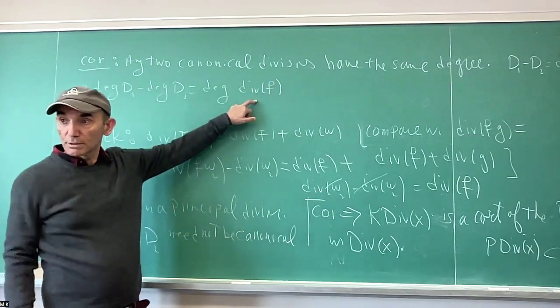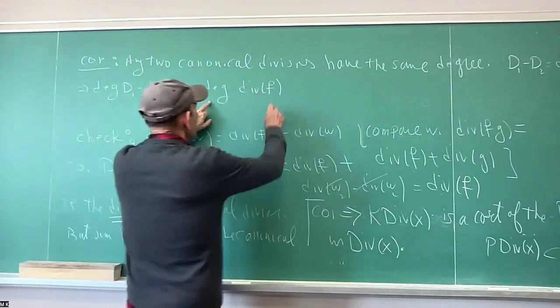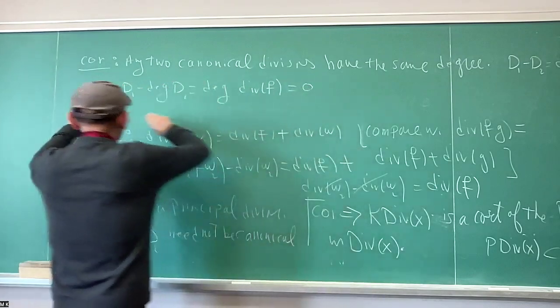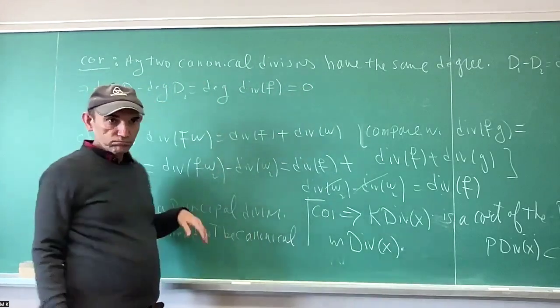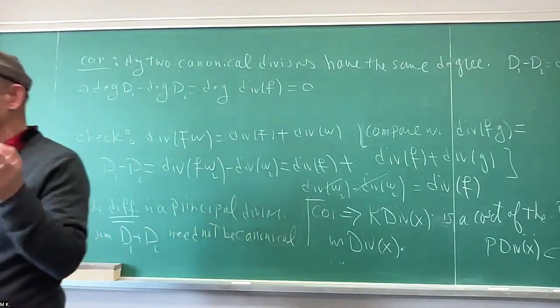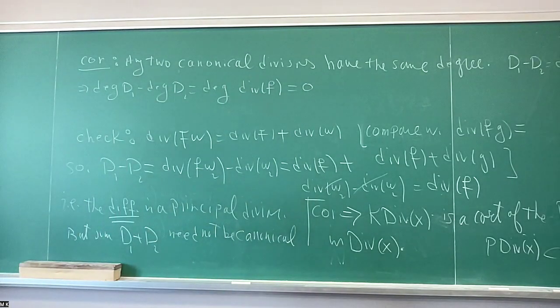This is the theorem that I mentioned at the beginning of the lecture. So the degree of D1 is equal to the degree of D2. You have many choices for canonical divisors, but any two of them have the same degree. Is that what you asked?